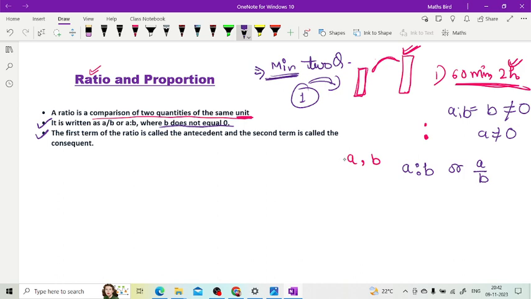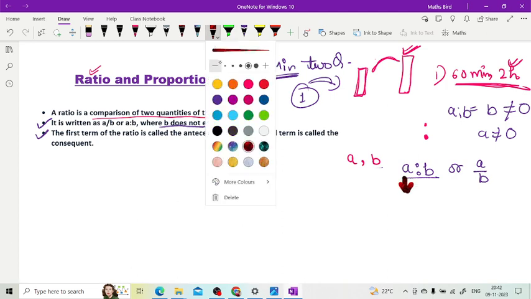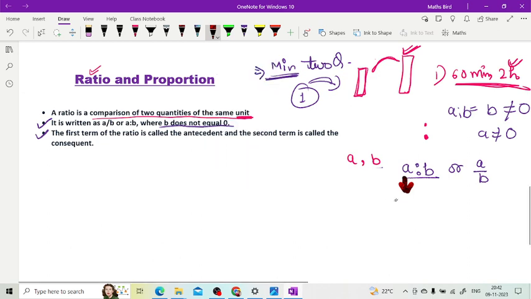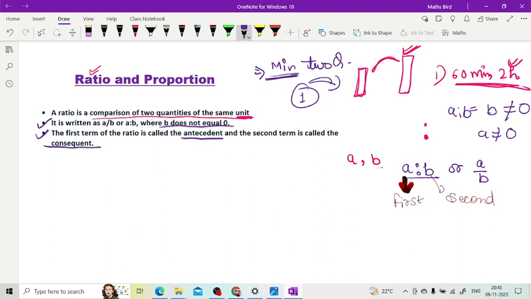If I am writing A and B, or A ratio B, what would be the first term? This is the first term, and B is the second term. The first term of the ratio is called the antecedent and the second term is called the consequent.